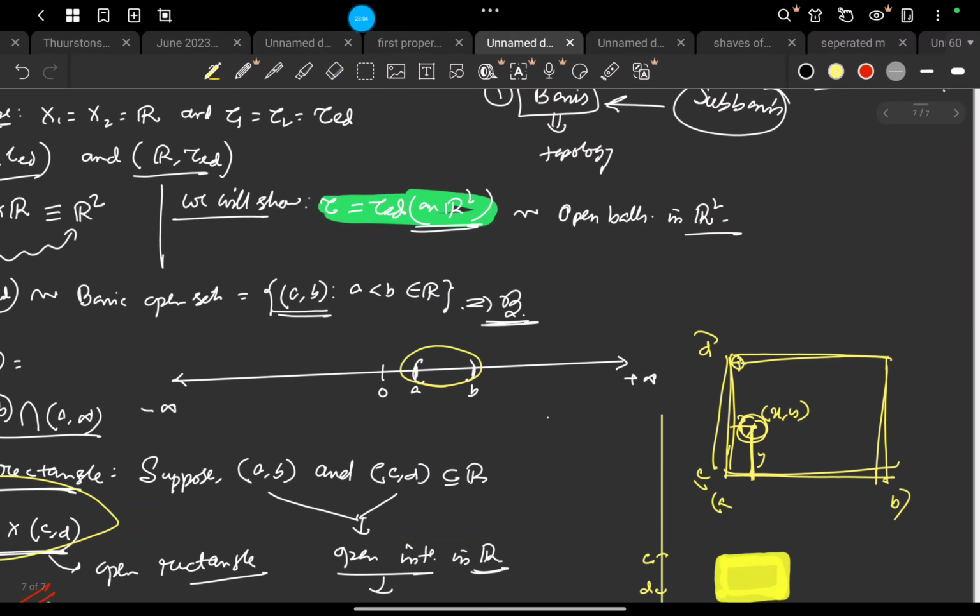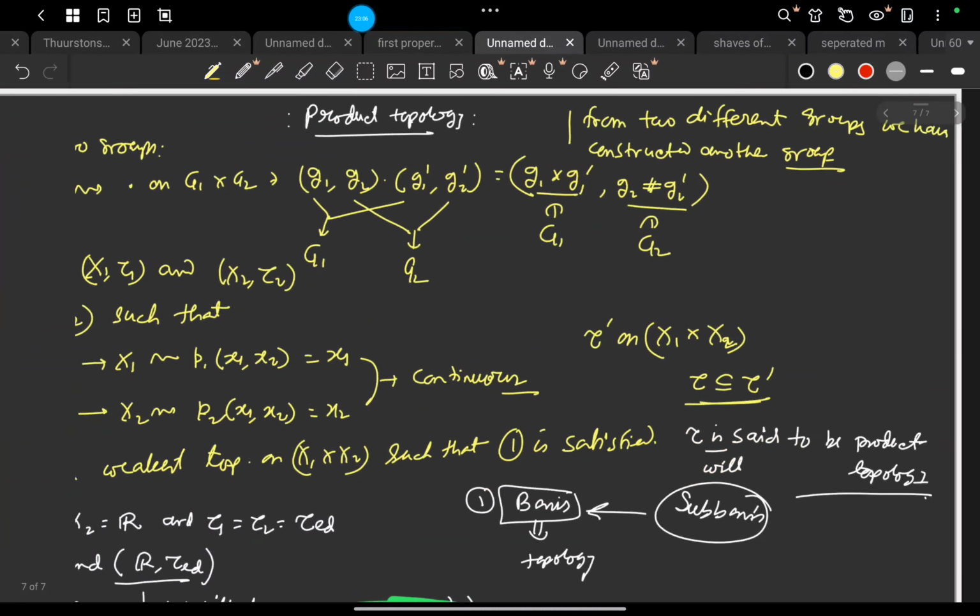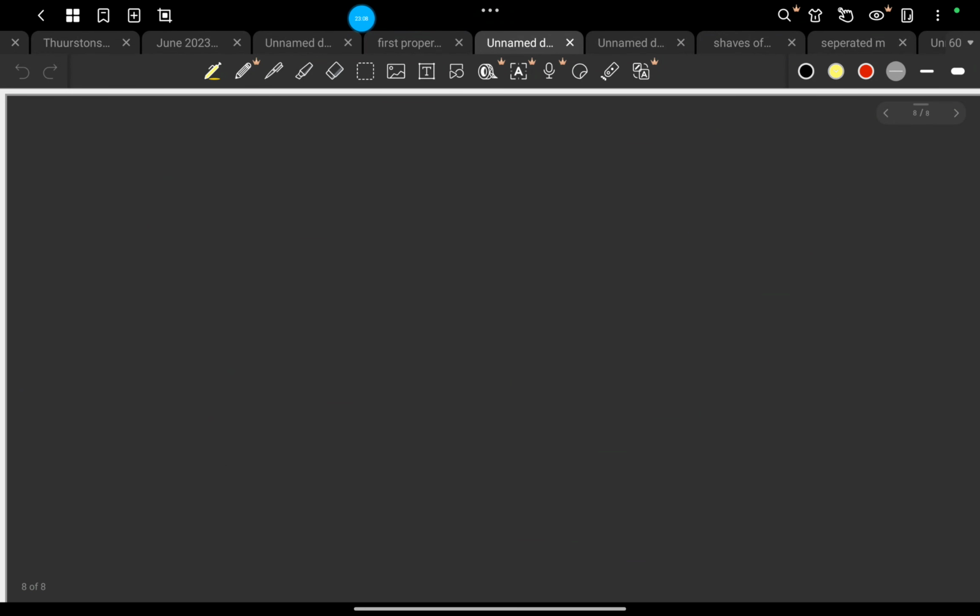To construct the sub-basis for the basis which consists of all the open rectangles, you see that there is something called open stripes.